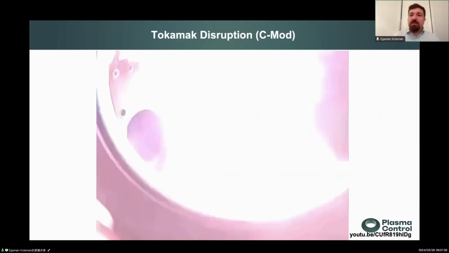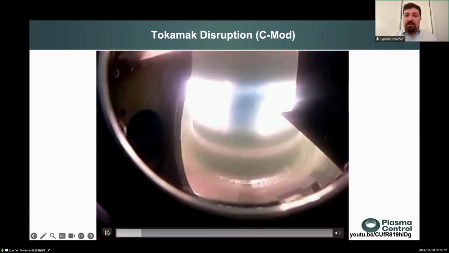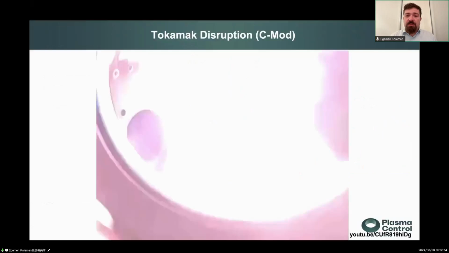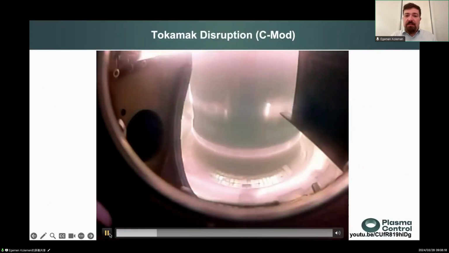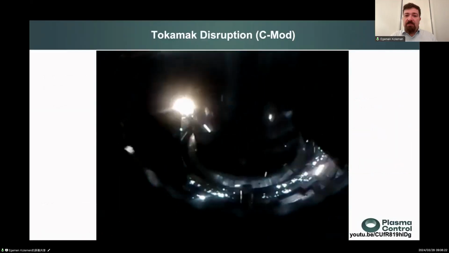So what are the issues that we face in a fusion reactor like a tokamak? One of the things that we have is instabilities. This is a tokamak disruption from C-Mod. You're going to see the plasma is now formed. And you see the fireworks.